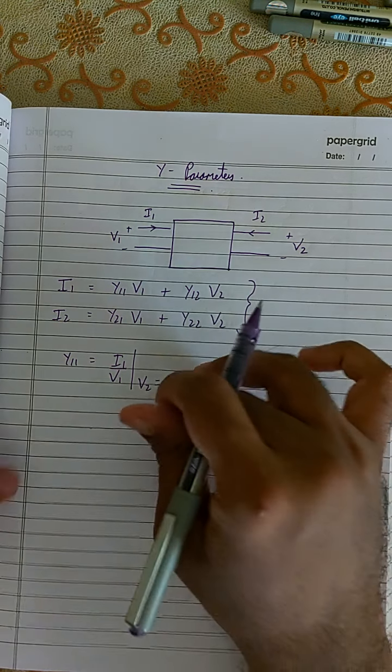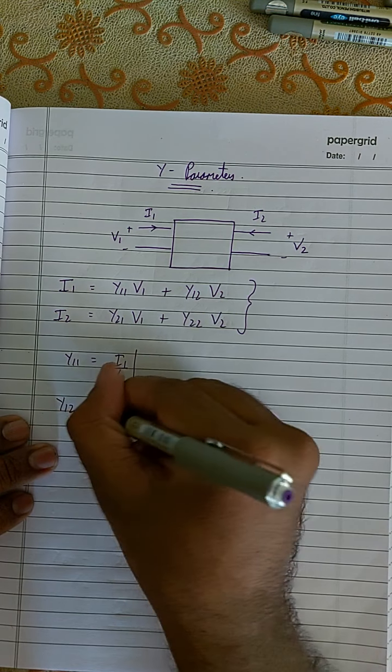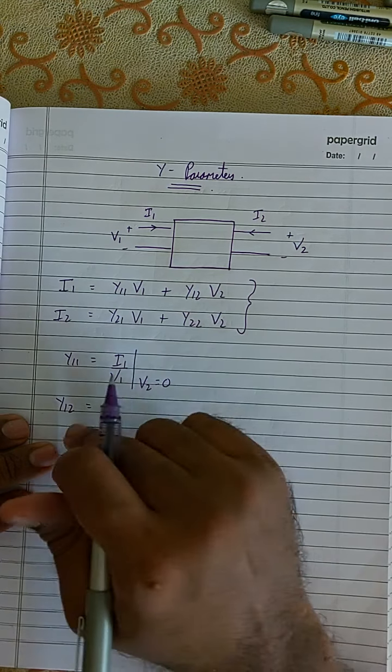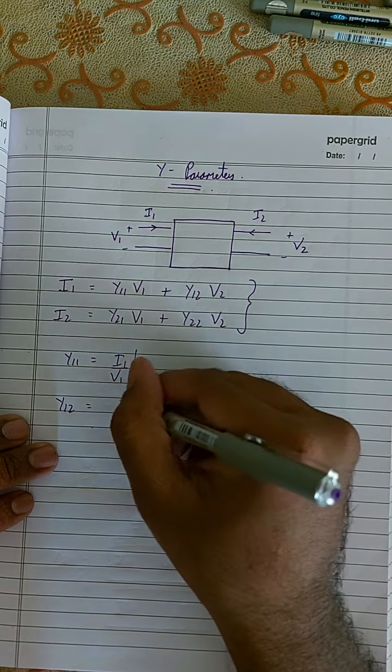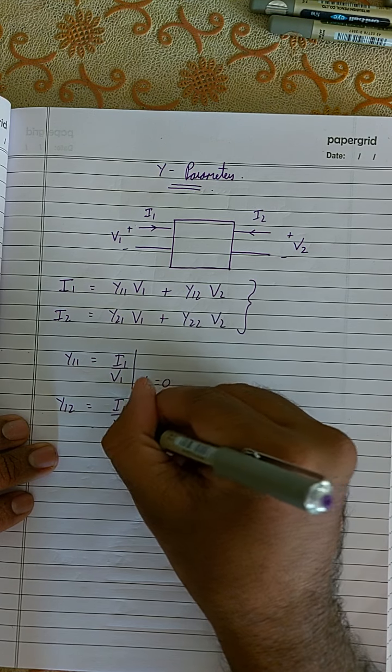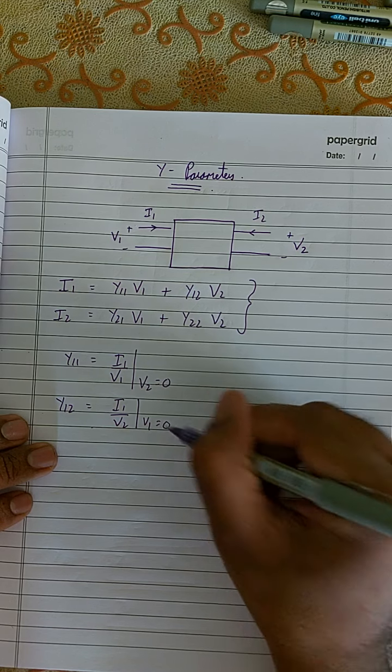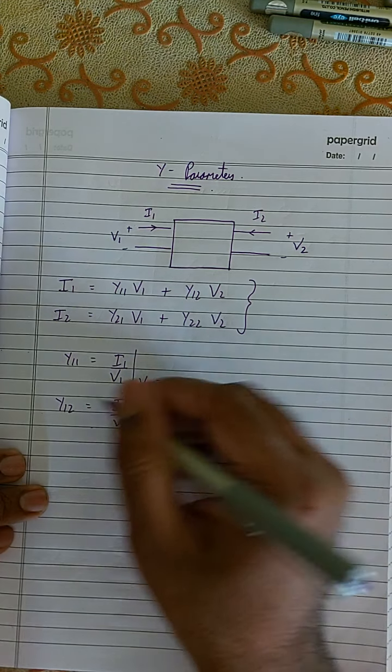The same way, what is the equation for y12? Now you should be able to write each of these parameters by yourself. Y12 is I1 by V2 when V1 is equal to 0. What is the meaning of y21?